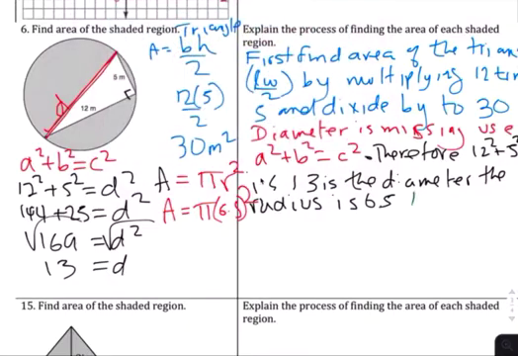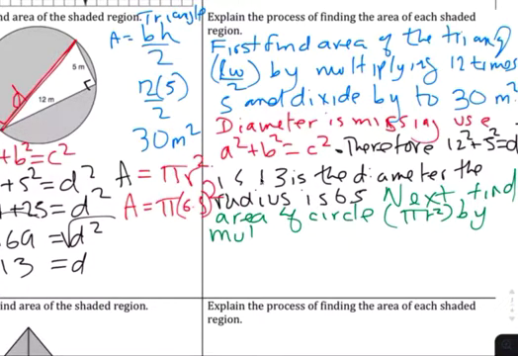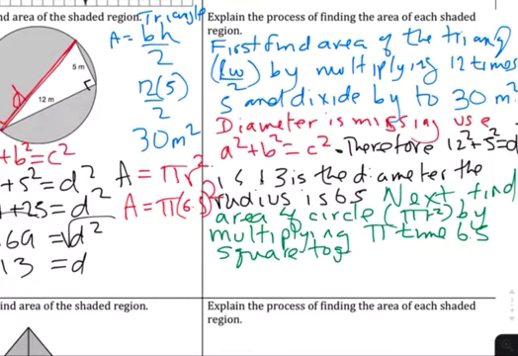Next, find area of circle by multiplying pi times 6.5 squared to get an answer of, I don't know what the answer is.